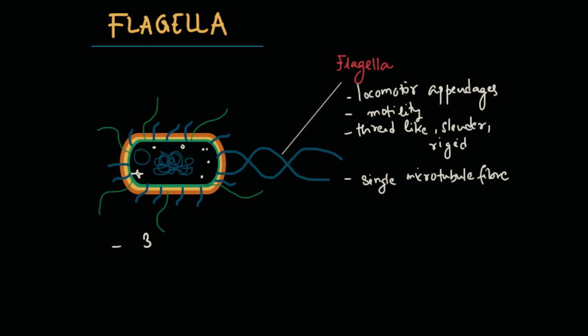Flagella consists of three parts: filament, basal body, and hook. The flagellar filament is the longest part of the flagella and it extends from the cell surface to the tip. The basal body is embedded in the cell and the hook is also embedded and it is short and curved.